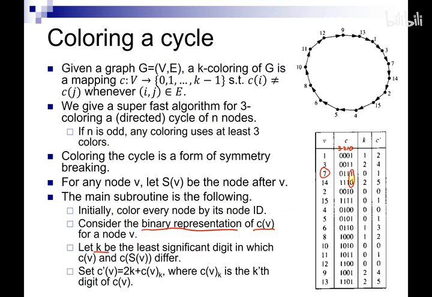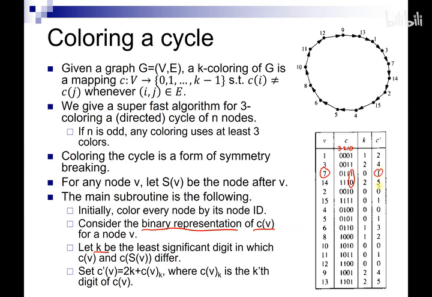They differ in the 0th digit. So k for this node 7 is going to be 0. The new color for this node 7 is going to be 2 times k, plus its value in the 0th digit, which is this 1 over here. Therefore 7 is going to get a new color, which is 1.